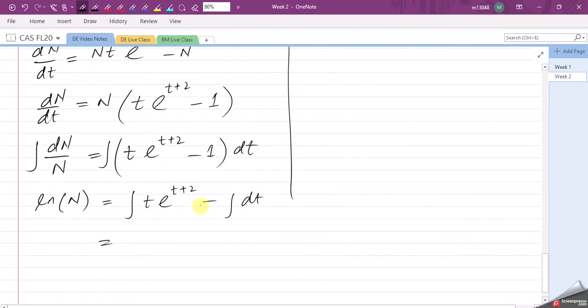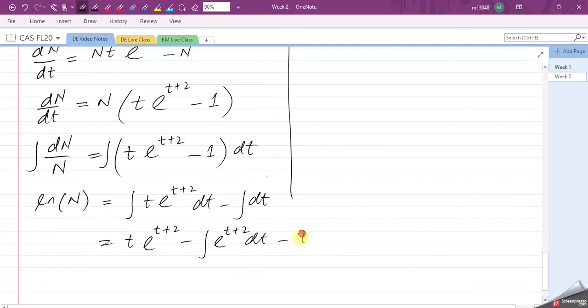This one is by parts formula. Yes, I missed to write dt here. Must write dt. dt minus dt. This is by parts formula. So we write first function as it is, integral of second minus integral of second derivative of t is 1.